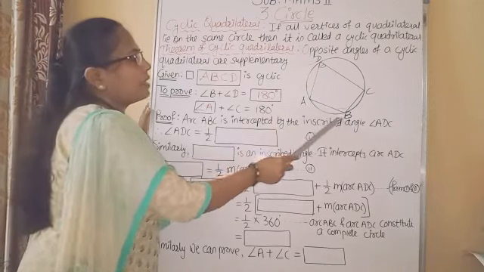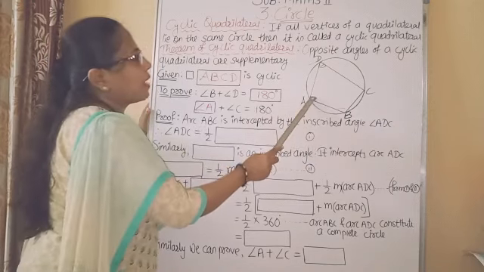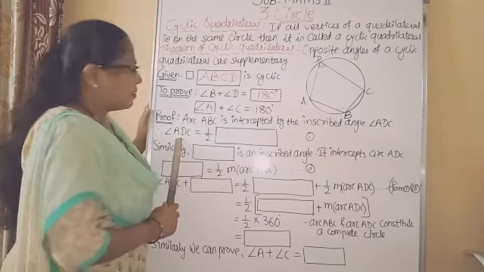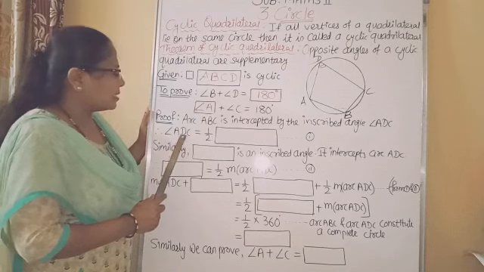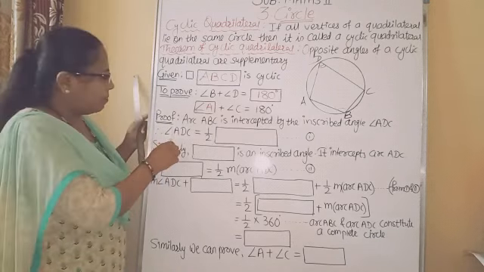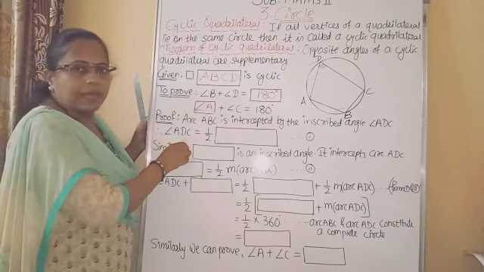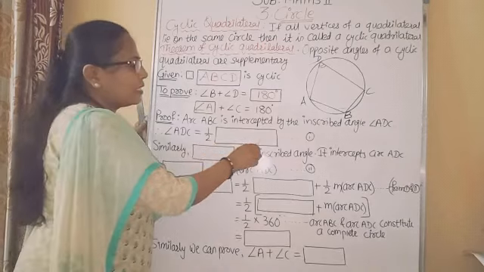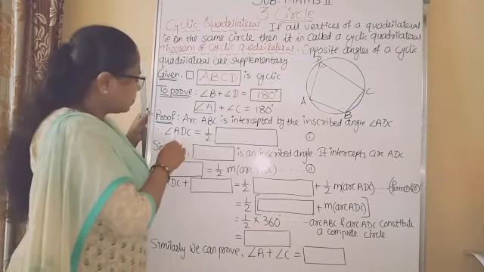Arc ABC is intercepted by angle ADC. So here we have to complete. Angle ADC is equal to, according to the inscribed angle theorem, the measure of an inscribed angle is equal to half the measure of the intercepted arc.